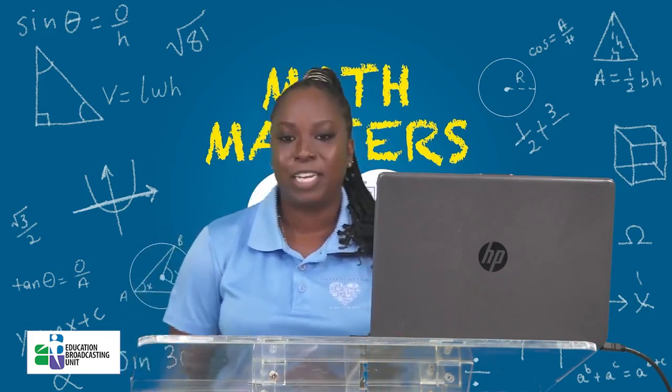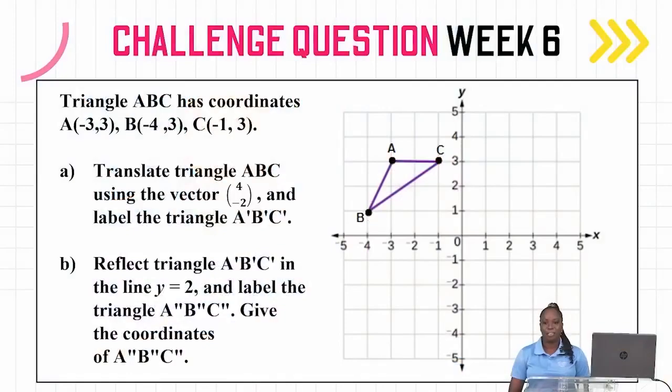Now let's take a look at our challenge question for week 6. Triangle ABC has coordinates A (-3, 3), B (-4, 3), and C (-1, 3). First, you're asked to translate triangle ABC using the vector (4, -2) and label the triangle A prime, B prime, C prime.